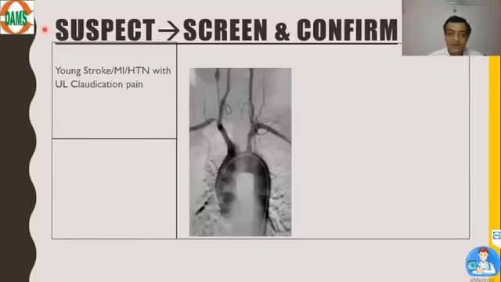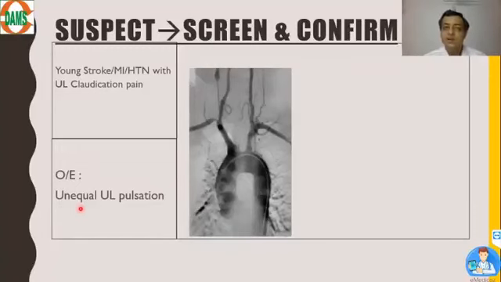As I told you, when to suspect the disease, I have given the clinical clue. When a young stroke, MI, or hypertension is present with upper limb claudication pain, you will suspect Takayasu's disease. Then on examination, you can have unequal upper limb pulsation.